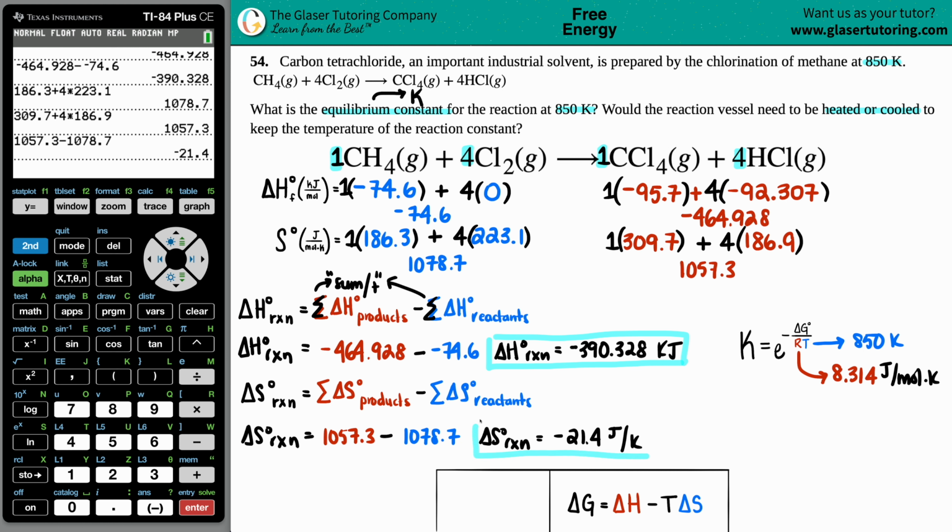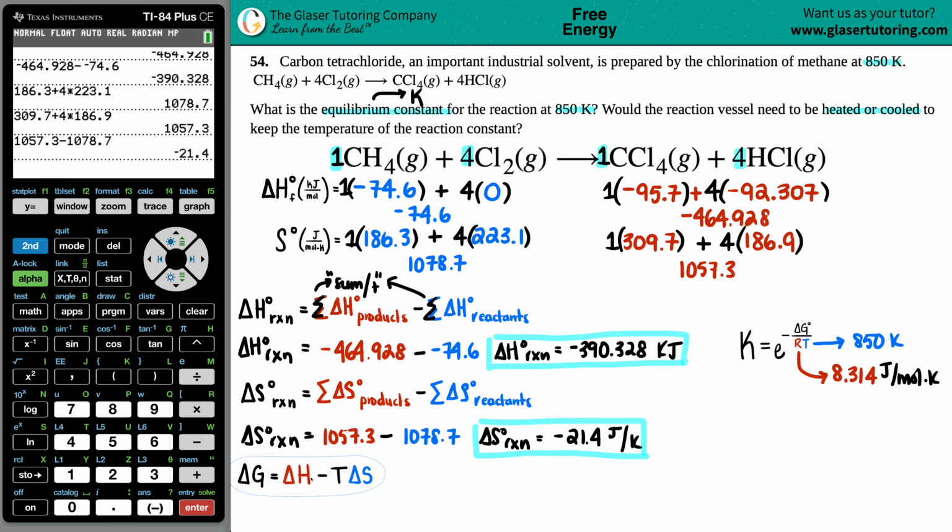Okay. So we have the H value, we have the S value, we have that temperature, it was 850 Kelvin. Now we can use this formula to solve for delta G. So let's do just that. So delta G equals the H value, but wait a minute, this is in kilojoules and the delta S is in joules. You can only have one. Whether it's going to be in kilojoules, whether it's going to be in joules, which one are we going to convert?